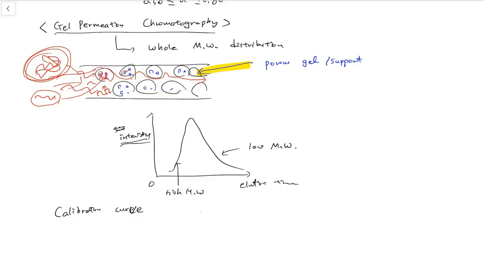Because the log of molecular weight shows a relatively linear response within a certain region. So using this linear calibration curve, we can determine the molecular weight of an unknown sample.